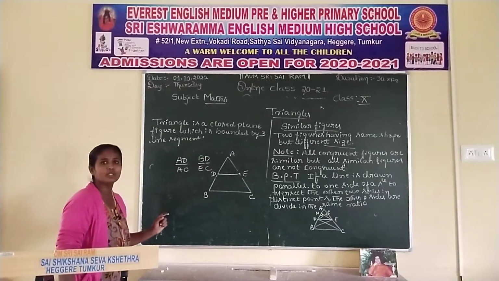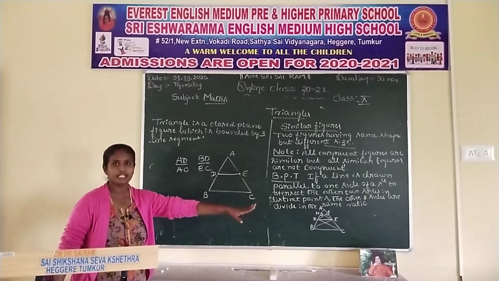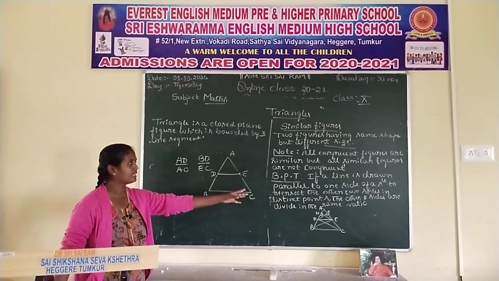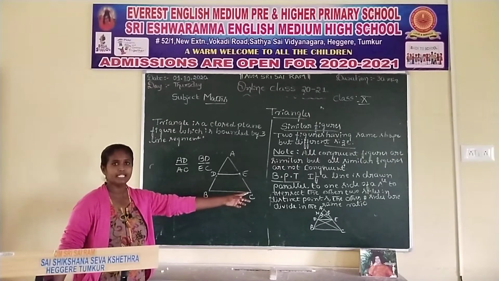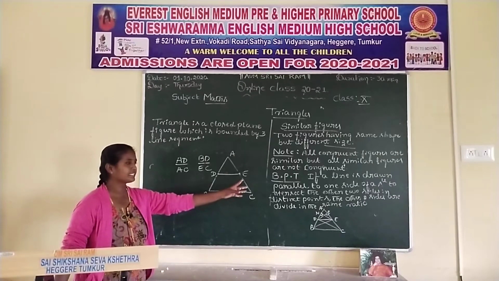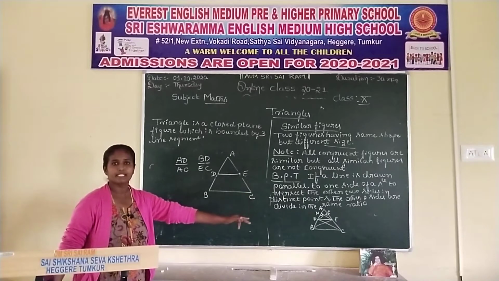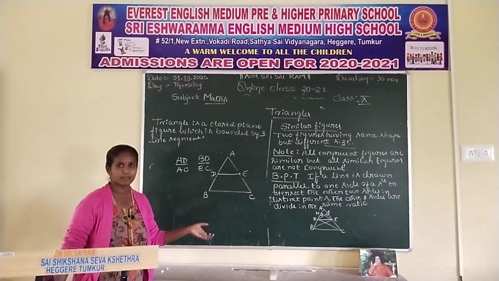That is the statement of the basic proportionality theorem. This statement is given by Thales, that's why we call it the basic proportionality theorem.